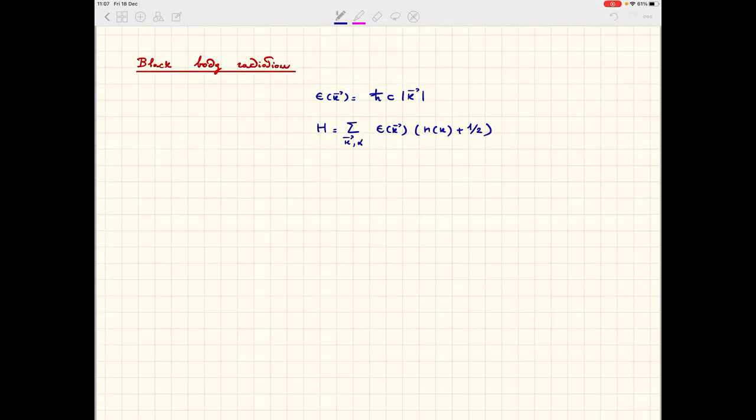Sorry, what is n? n is the occupation of your photons. It is the number operator, a dagger k a k, where a is a creation and annihilation operator. So essentially, this expression tells you that photons can be thought of as a bunch of harmonic oscillators, each one of them with a principal quantum number n, and n counts how many photons you have in each one of the modes.